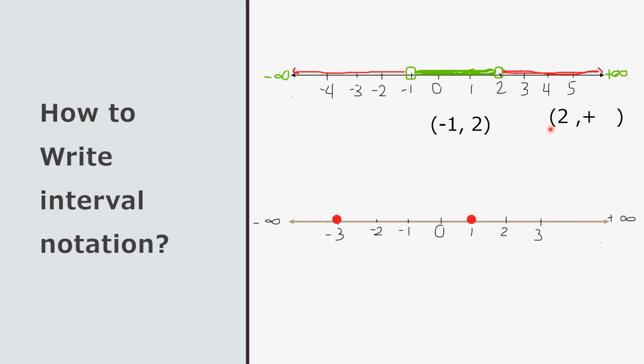Okay, what about here? Again, let's start with positive 2, and it is open parenthesis, comma, going to positive infinity, and also parenthesis. Going to positive and negative infinity is always parenthesis because it's continuous. Now, what about in this part here?